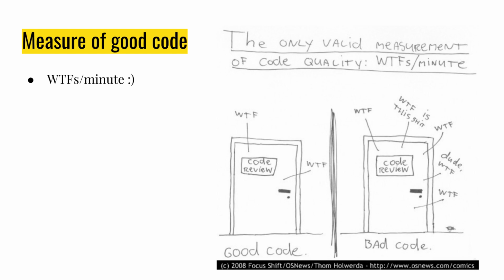So when you come to a code review, or when you show your code to someone else, the less explanation you need to do, and the fewer WTFs the other person says about your code, the better it is. Code will always have those WTF moments, but it shouldn't be all the time. It should happen rarely and not often. So this is how a code review looks when it's bad on the right and when it's good on the left. On the left a few WTFs, and on the right it just keeps on going.